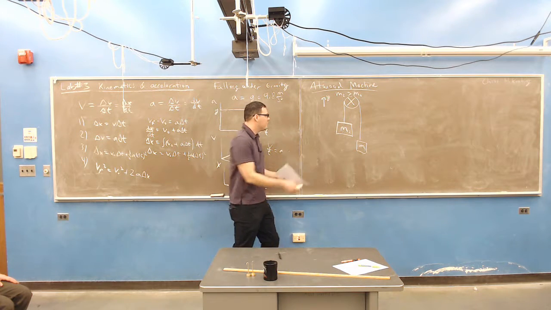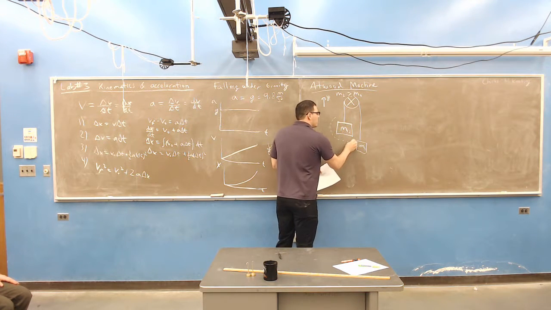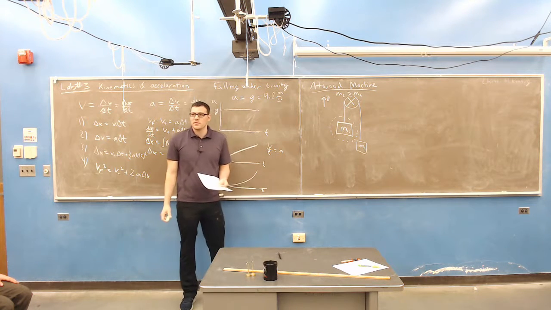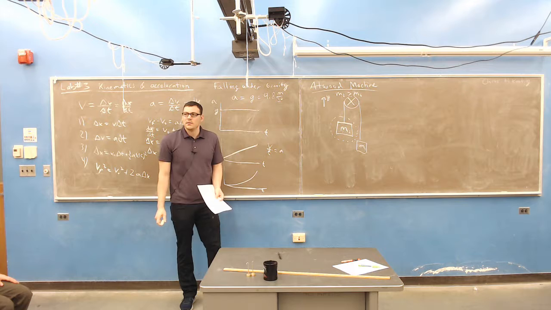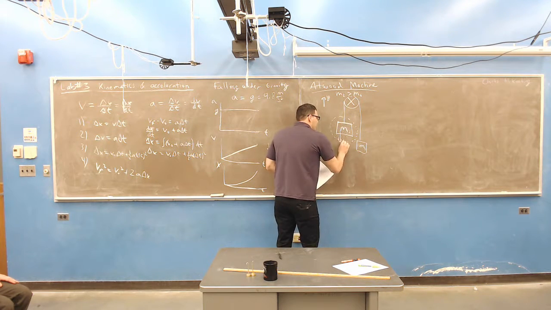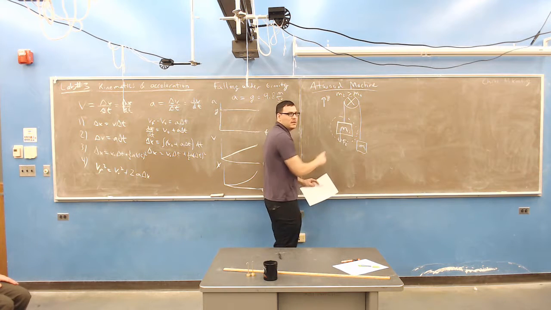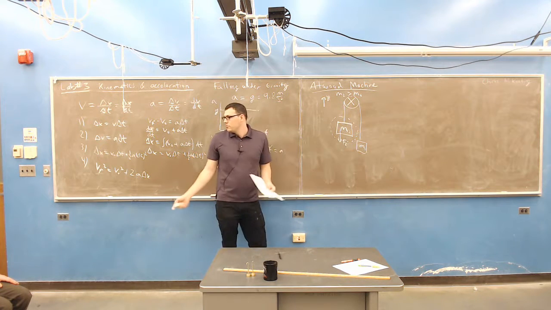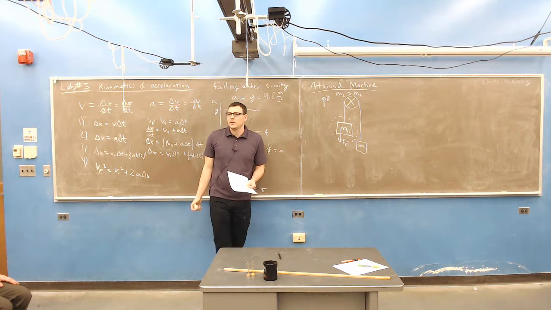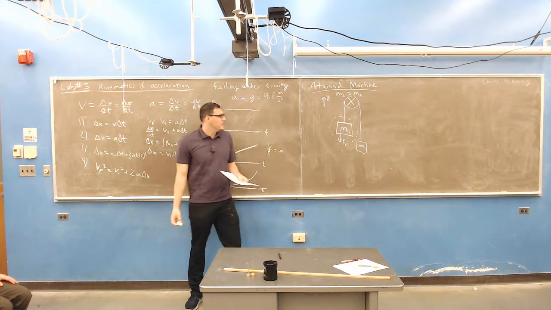So let's focus on mass 2, since that's the question I asked you, what's the acceleration of mass 2, and identify the forces. So what forces are acting on this mass? Gravity, good. I'm going to call that F2 because it's on mass 2. So 2 goes with 2. Any other forces? Good, tension.